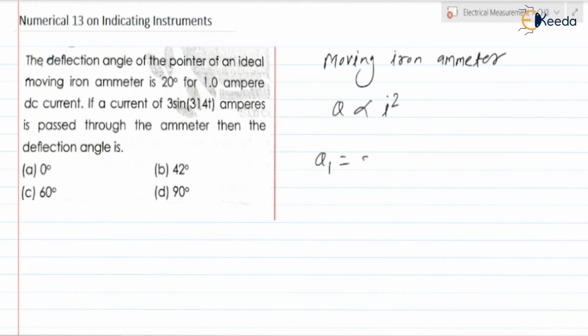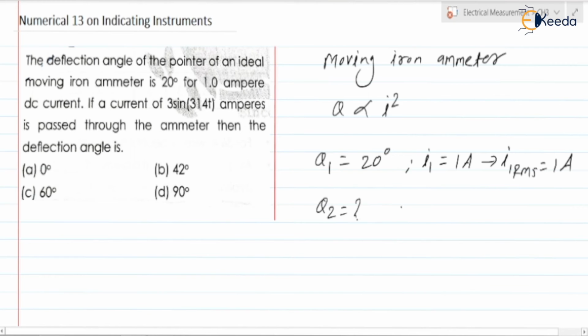Let us first note the given data. Theta 1 is equal to 20 degree, I1 is equal to 1 ampere. It is a DC, so I1 RMS is also equal to 1 ampere. Are you getting the point? Our task is to find theta 2.